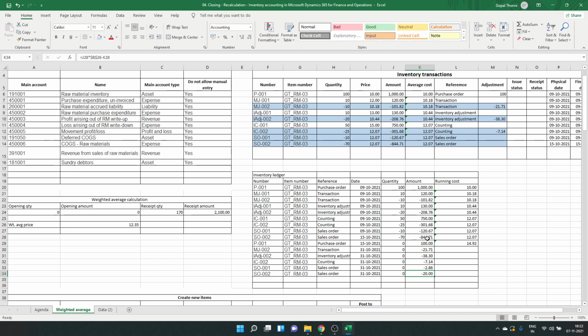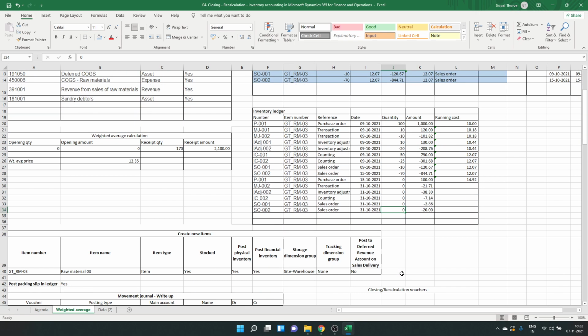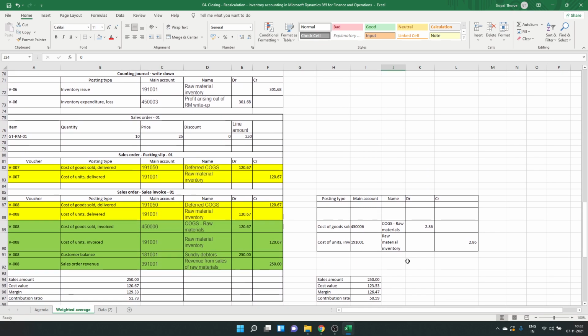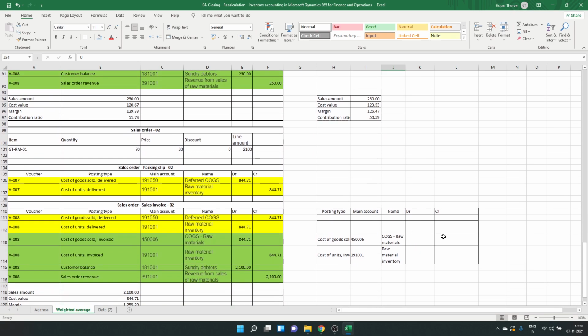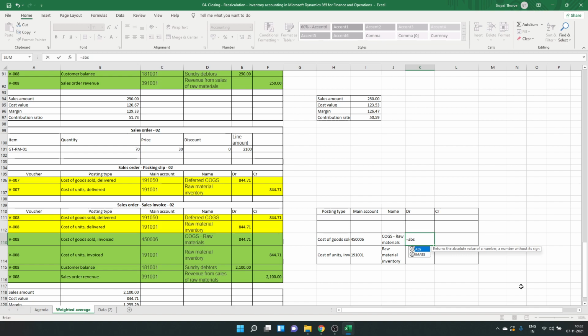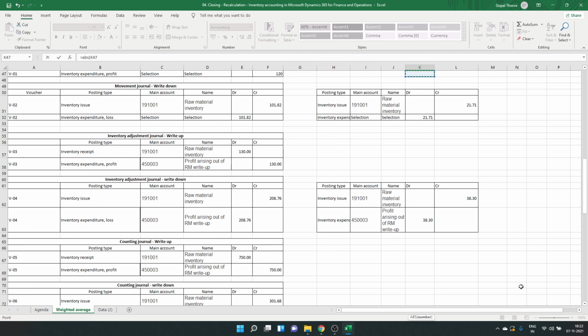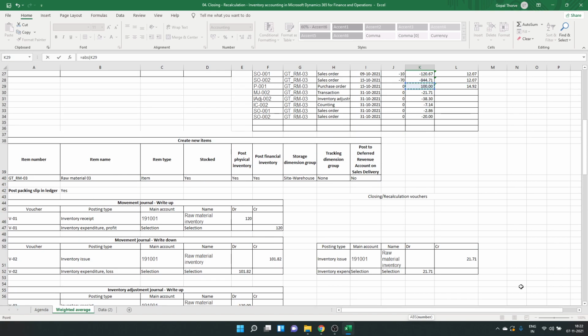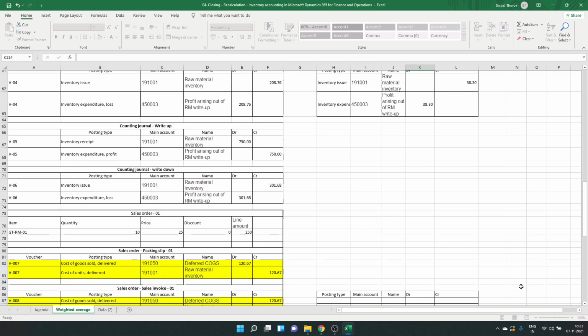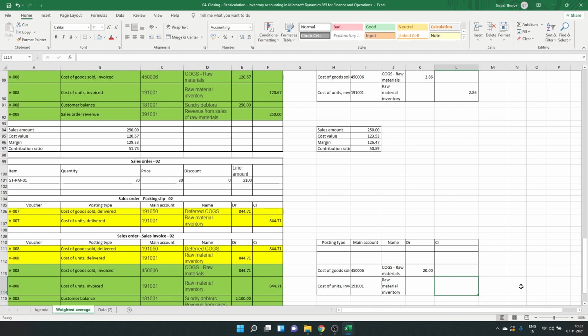This is my adjustment on this particular transaction. My COGS is debited by that much more amount, and my inventory is credited by this amount.